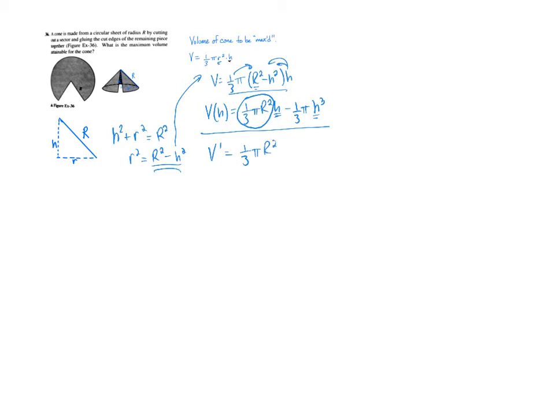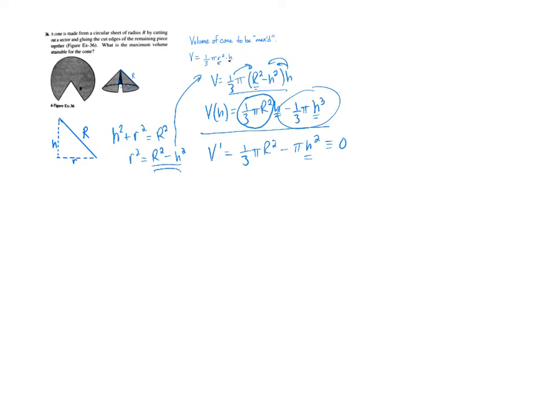The derivative of the second term with respect to h is minus; the 3 comes down in front and makes 3 times 1/3, which is just 1, so pi h squared. If we set that equal to 0, we'll find the critical number, which will probably turn out to be the value of h that maximizes this volume.